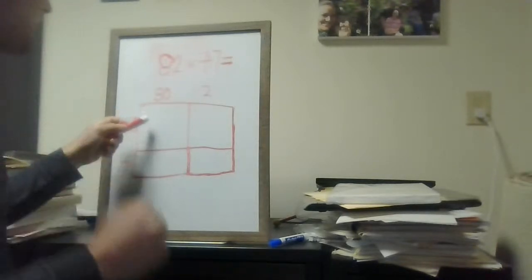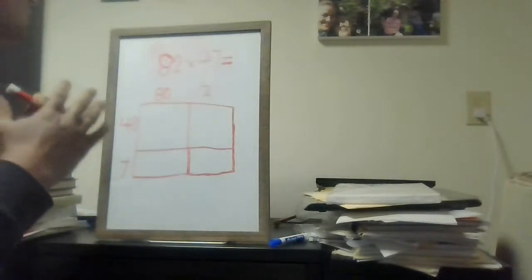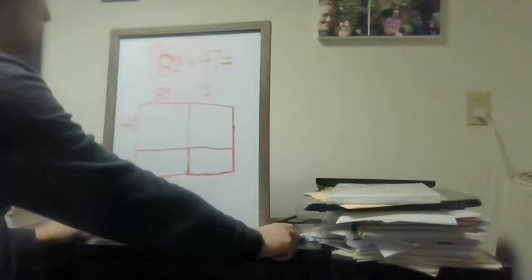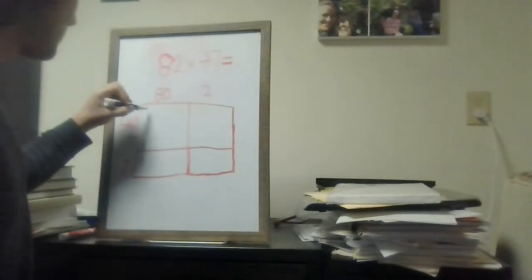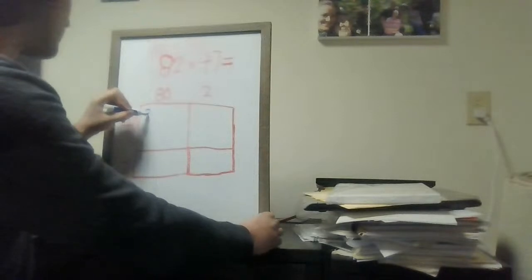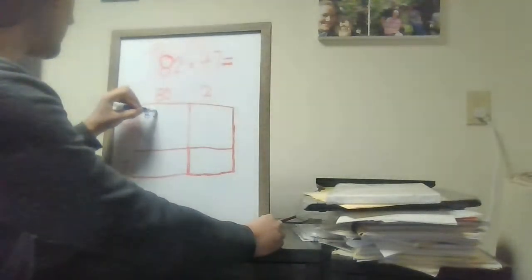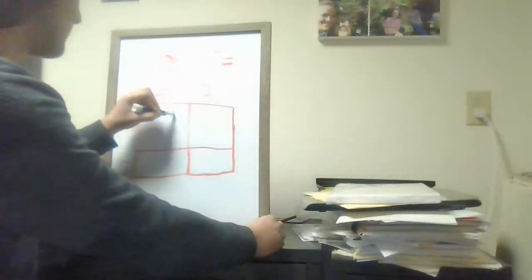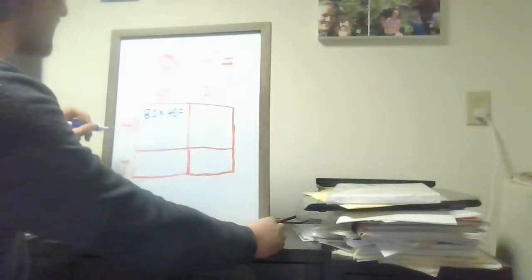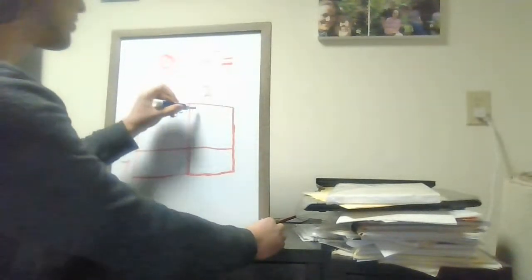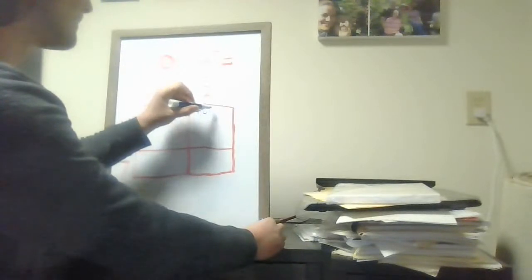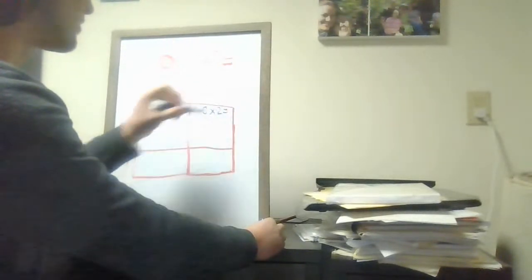So in that first box, we're multiplying both the numbers in the tens place. We're multiplying the value of both the numbers in the tens place. So we're multiplying 80 times 40. So that's the multiplication problem in the first box: 80 times 40. In the second box, we are multiplying 40 times 2.